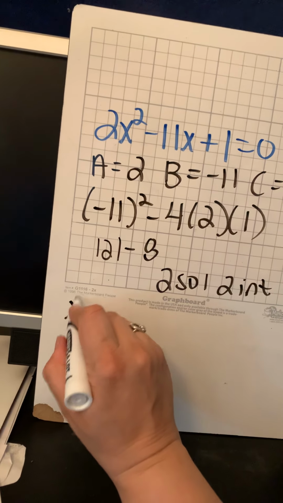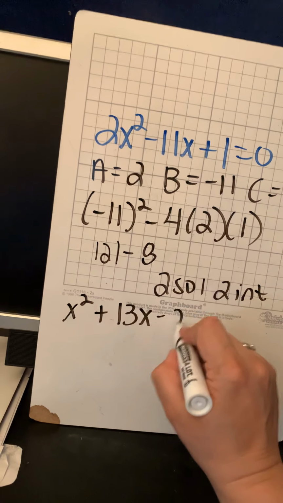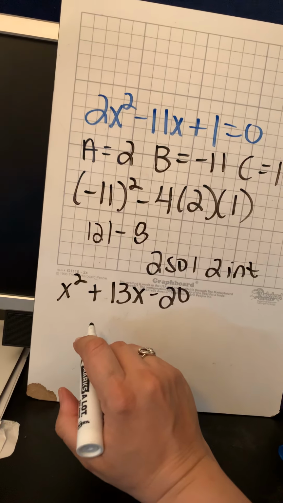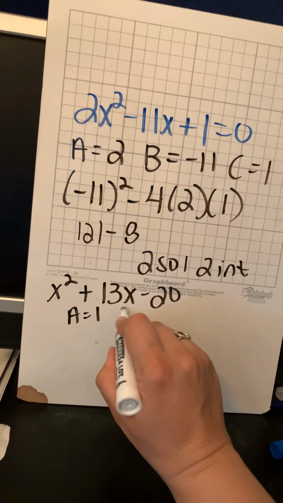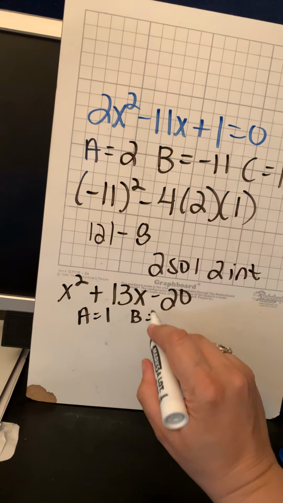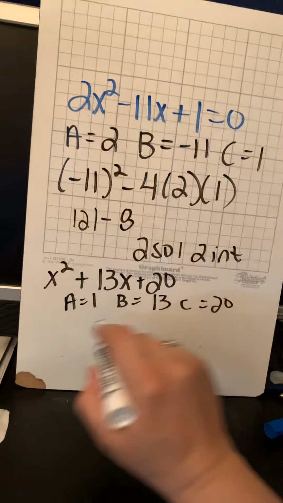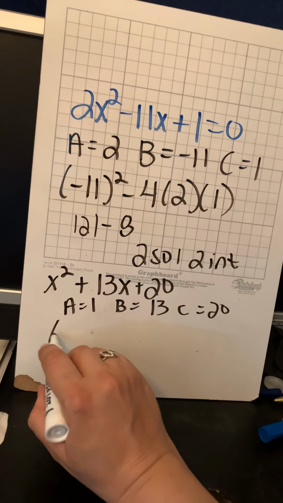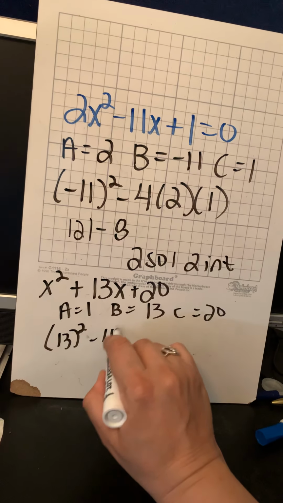Let's try x squared plus 13x minus 20. Let's try this one. So your a is 1. Your b is, actually let's change that to a plus 3. Your c is 20. So let's go with b squared minus 4ac.